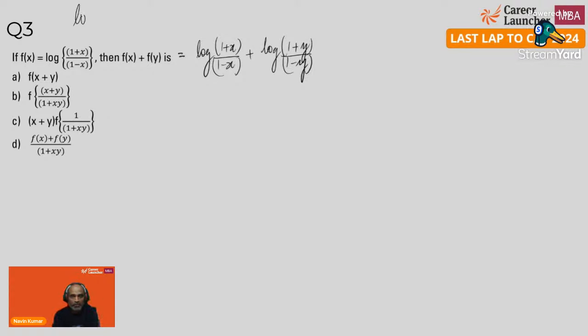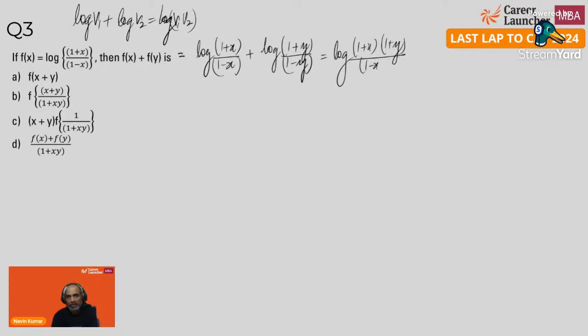Now, I assume everybody's aware that if you have two logs added, it becomes one log with their values multiplied. So we can write this as log of (1 plus x) into (1 plus y) whole divided by (1 minus x) into (1 minus y), right?